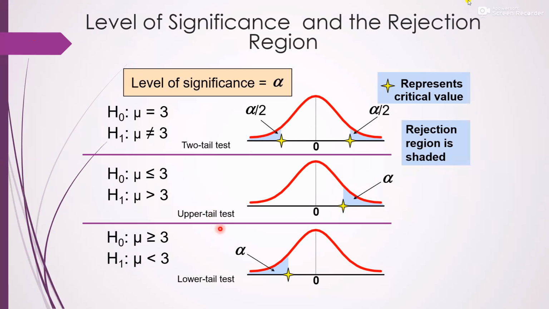But for the one-tail test, the level of significance alpha is marked in the left or right tail, depending on the greater than or less than sign. And these regions are the rejection regions. Unshaded regions are called non-rejection regions for H naught. Right? This is the rejection region for H naught.